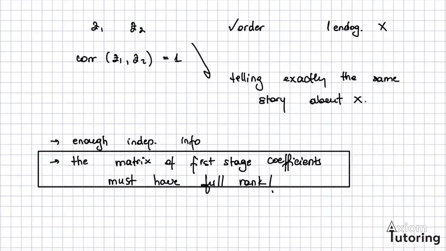I'm going to put this in a box because this is a very important result that you need to remember, okay? What I'm saying in plain English is each instrument must be contributing something genuinely different to the prediction of the endogenous variable, okay?